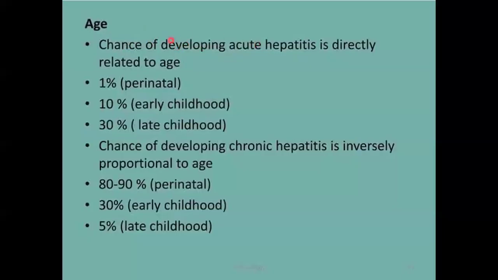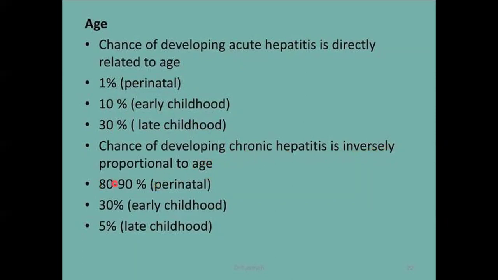So this is the epidemiology age. So the chance of developing acute hepatitis is directly related to age. So acute hepatitis is the disease that is caused by hepatitis B. So perinatal, 1%, early childhood, 10%, late childhood, 30%. Now, for it to develop to chronic hepatitis, it is inversely proportional to age.